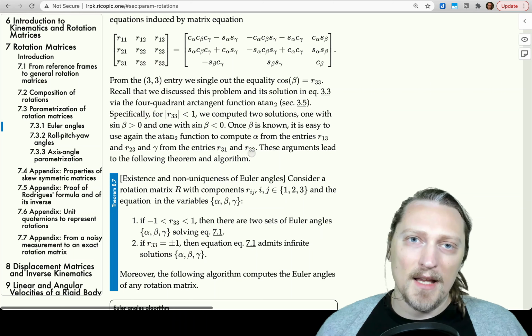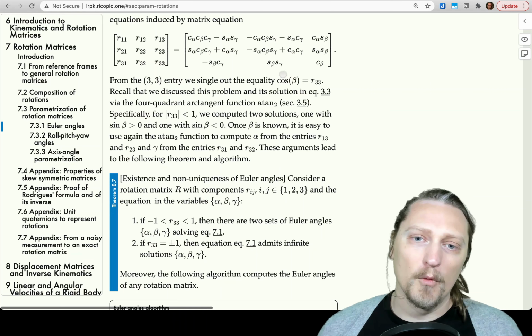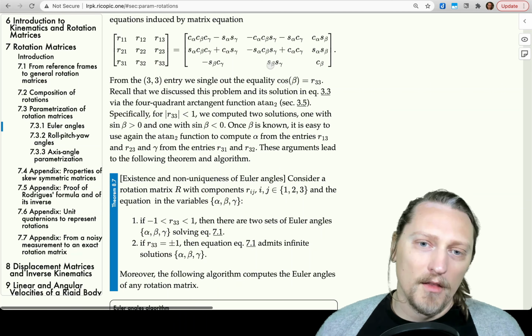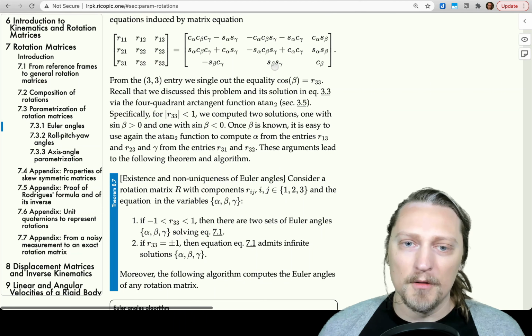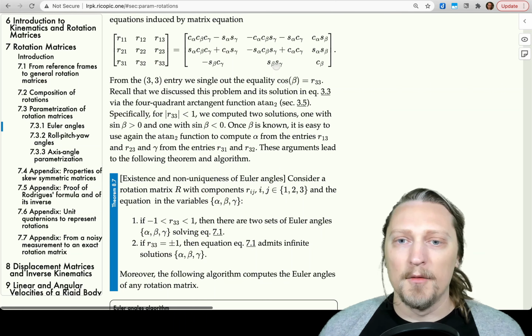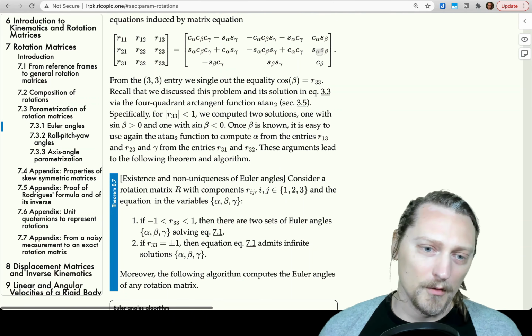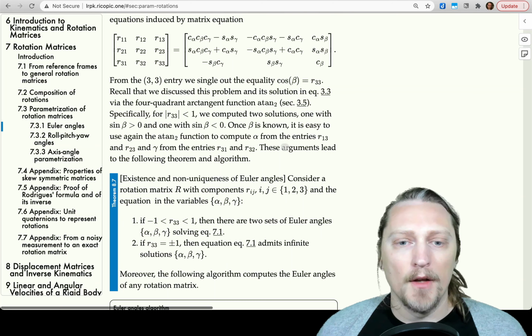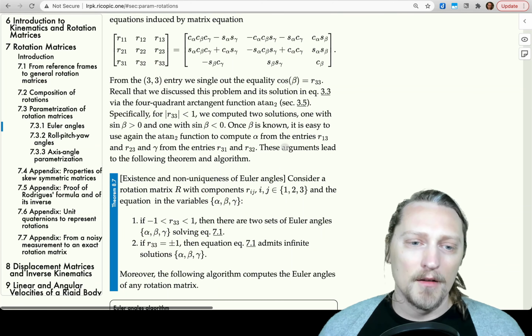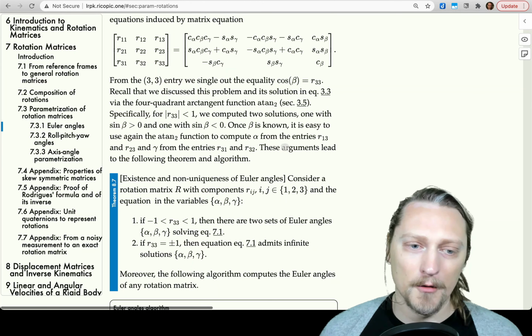It's a sort of successive solution problem. Once you've got beta, this equality will help get you gamma, and once you have beta and gamma, then you can find alpha, or vice versa. These arguments lead to the following theorem and the algorithm that follows it.